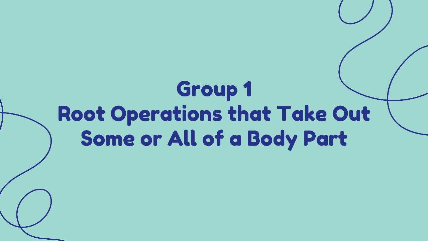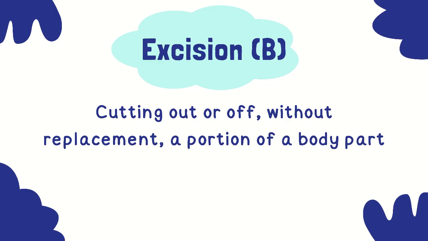In this particular group, think about it, the body part is the focus of the procedure. What you're going to see, as I dig into them, is that the major differences in these root operations are really the amount of the body part that's actually taken out, a portion or all. So let's dig in to our first one.